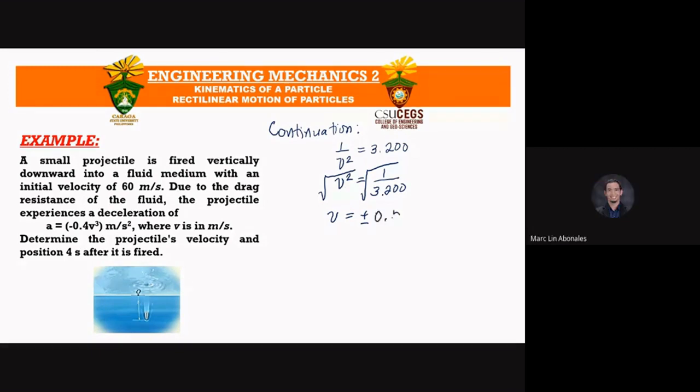Is this the right answer? Wasn't your answer earlier 0.559? Yes, sir. Okay. The question: since we use the square root, there are two values, positive and negative. Which of the two values will we use? Is it the positive 0.559 or the negative 0.559?